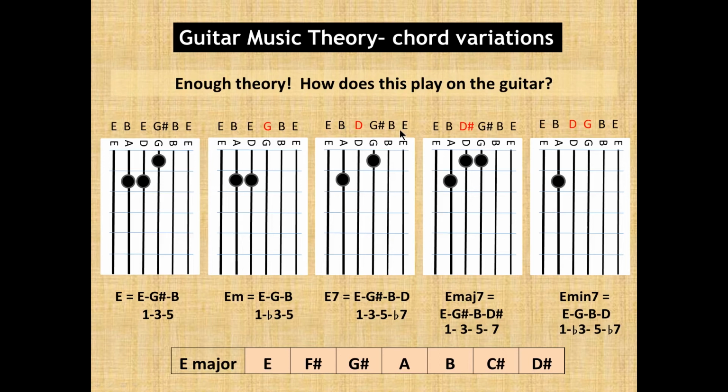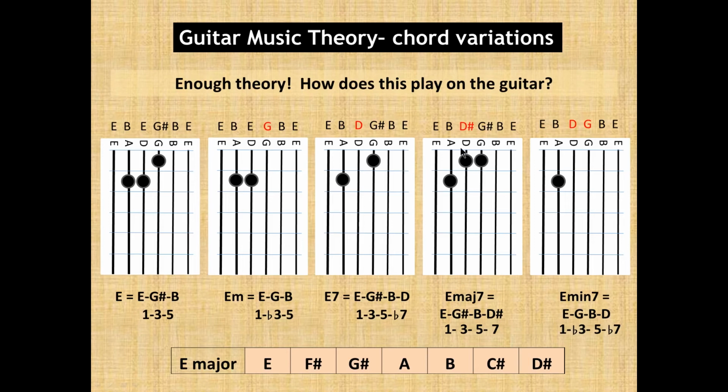Well, what's different is that there was an E played here, and now we're playing an open D. Why is that? Well, we needed to add that flatted seventh note. And so by taking your finger off of the second fret on the D string, which would make it an E major, simply lifting your finger turns it into an E7 or E dominant 7.